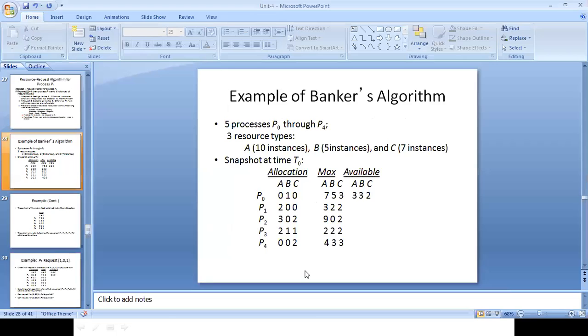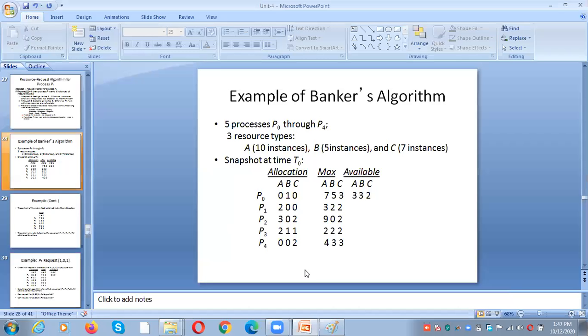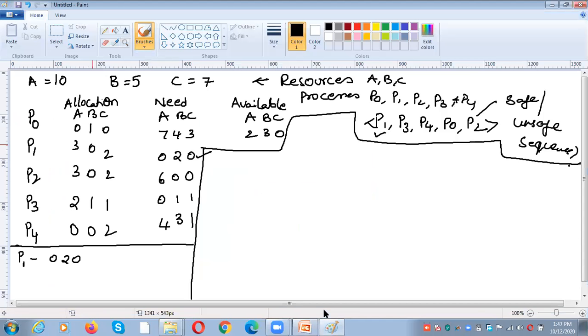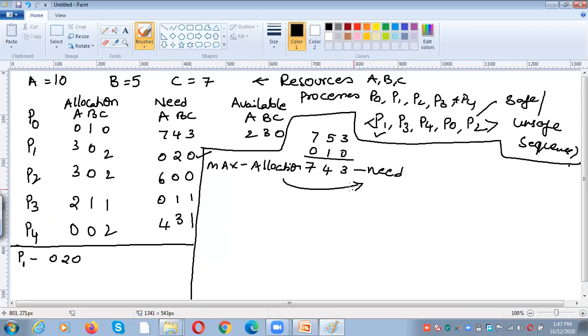So from 7 5 3 you subtract 0 1 0, then you will get 7 4 3. This is the need. Need means max minus allocation.